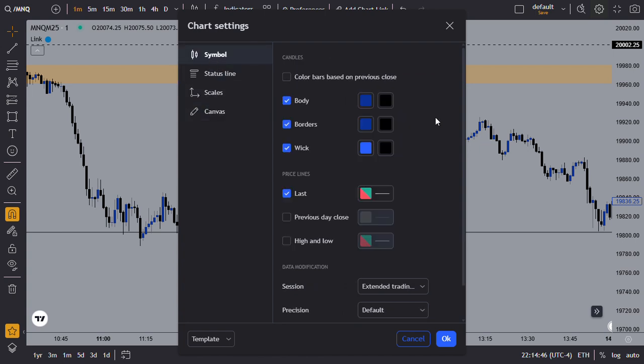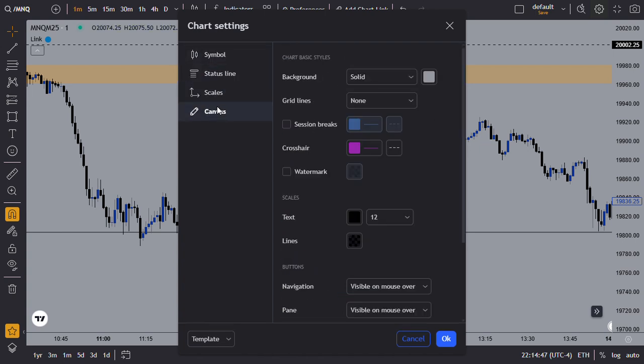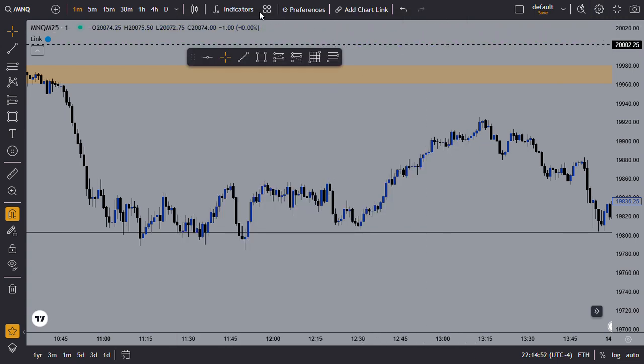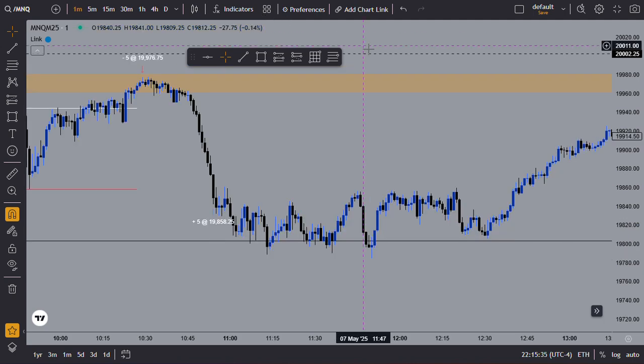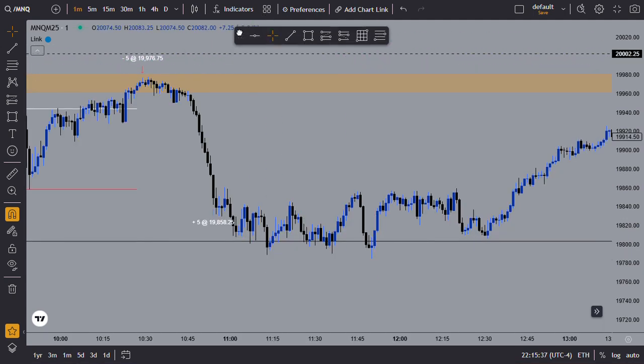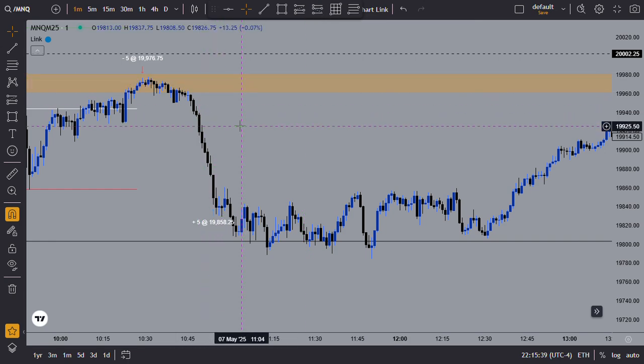It's got to be something around here. I forgot. It's literally in the way. How do I get to this? References. Dude, I'm trying to click it, but it's in the way. How do I move this? Okay, I figured it out.